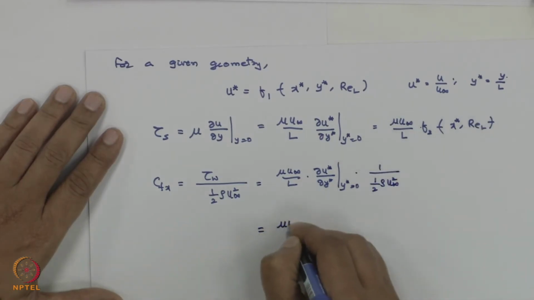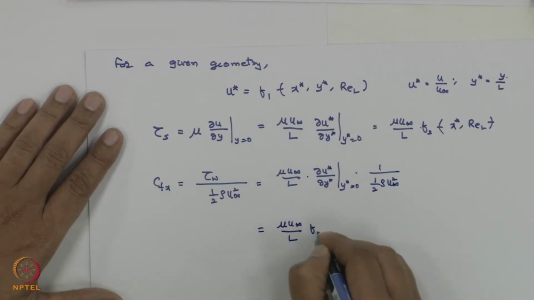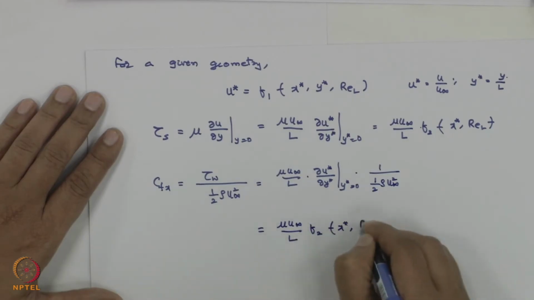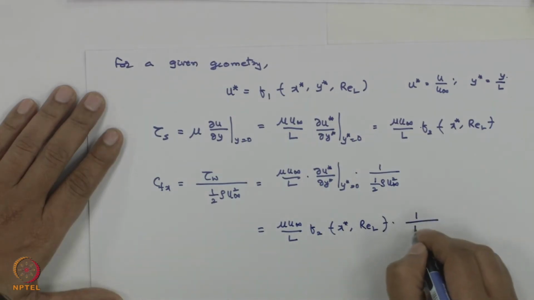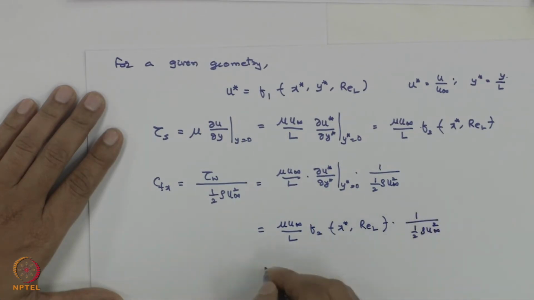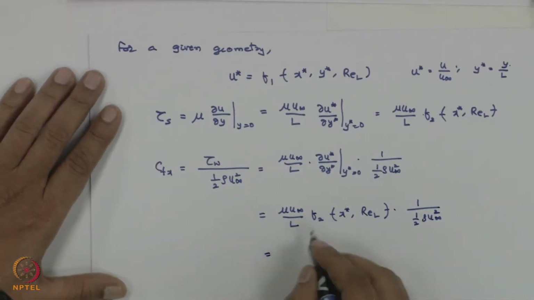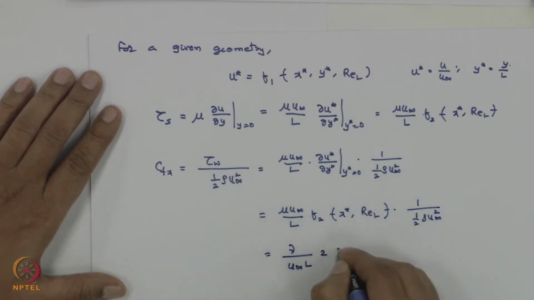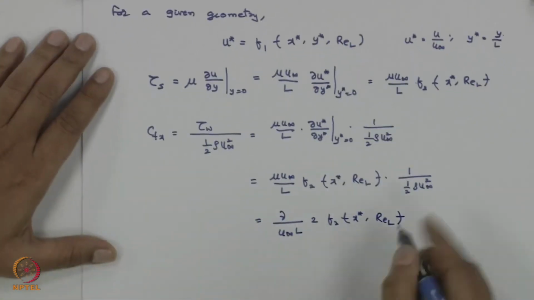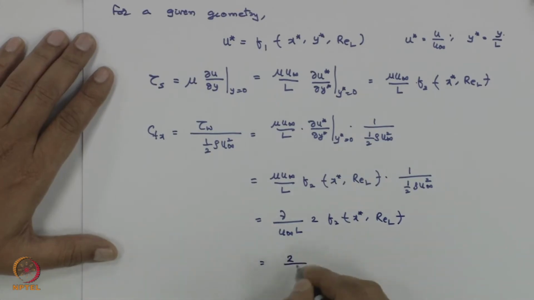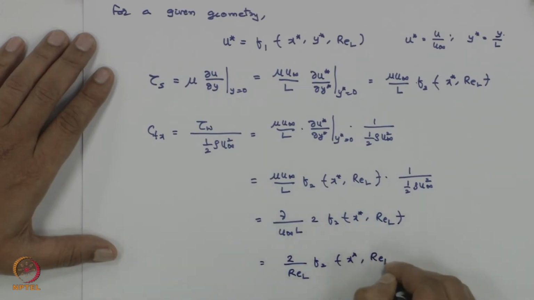So, that is mu U infinity upon L function F2 of X star comma REL into 1 upon half rho U infinity square. So, what is that? I am going to get this as mu by rho is nu, upon U infinity L into 2 F2 of X star comma REL. So, this is nothing but 2 upon REL F2, a function of X star comma REL.